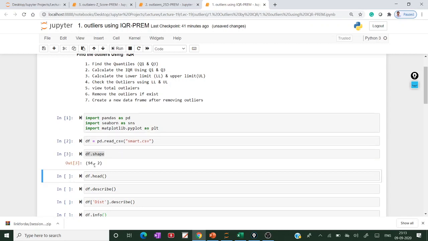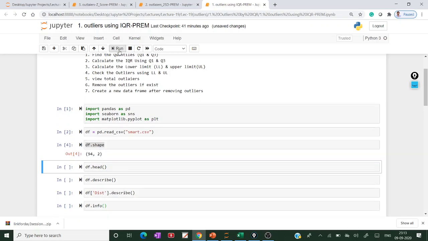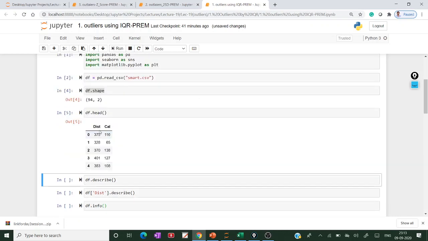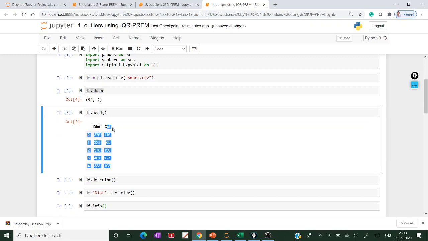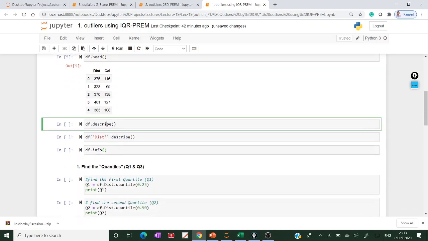If you see, there are 94 observations and 2 columns in the dataset shape. Only 2 columns are there: dist means distance, cal means calories. So if you travel 375 meters, this much of calories you burn. This is the simple data set I am using.